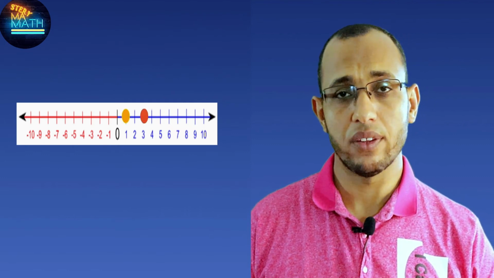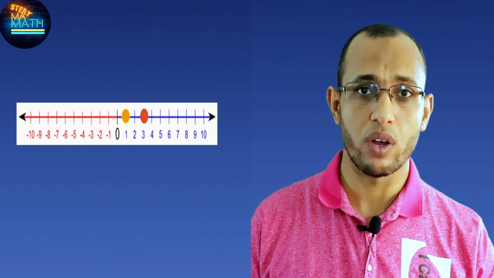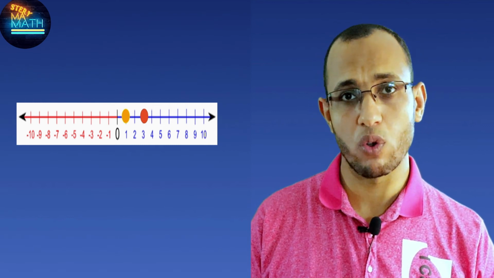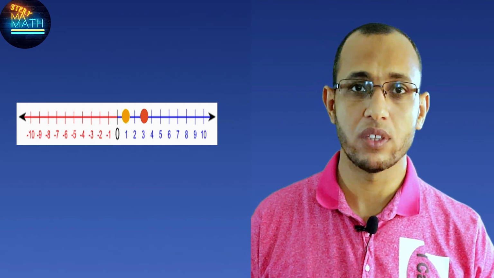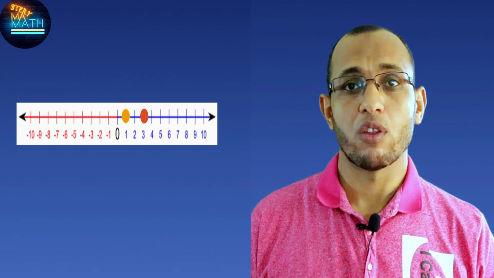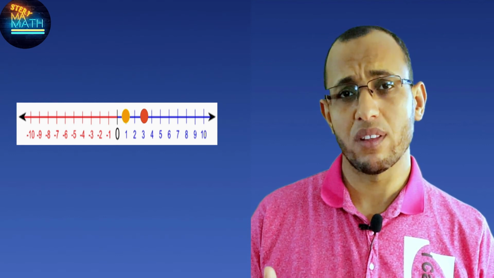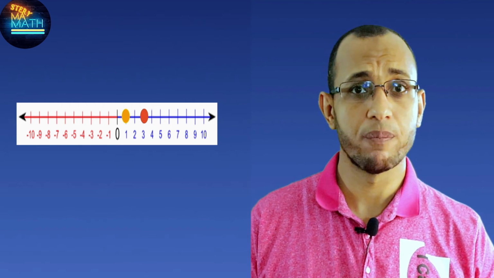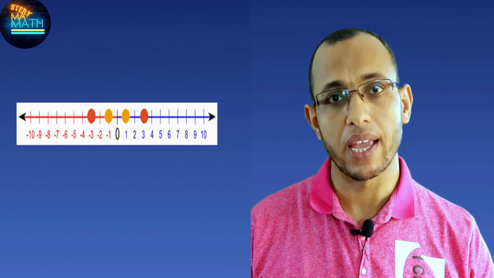Here is 3 and here is 1. And 3 is to the right of 1, so 3 is greater than 1. When you go right, you will get bigger, and when you go left, you will get smaller. So 3 is greater than 1. But if we multiply both numbers by -1, you will get -3 and -1.